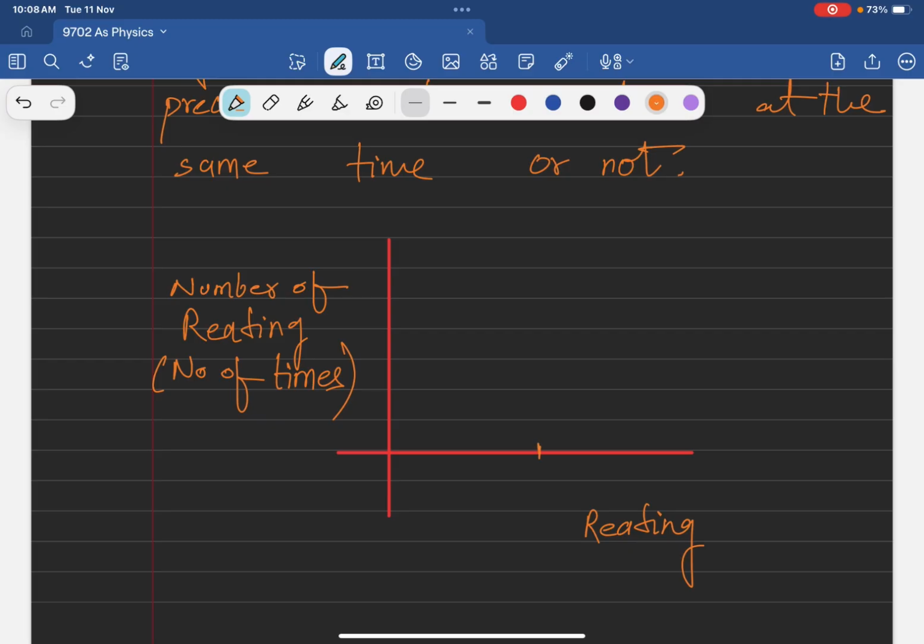Let's say here is the true value, and the curve that I have drawn looks like this. The curve is not very large, it is not spread along the whole graph.